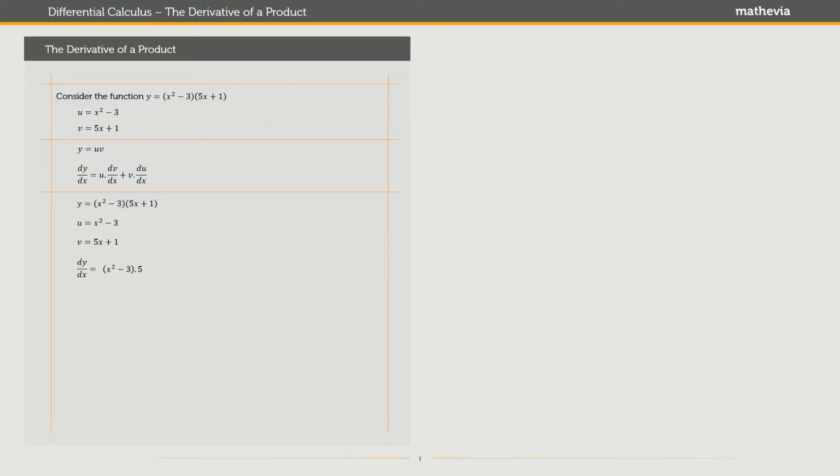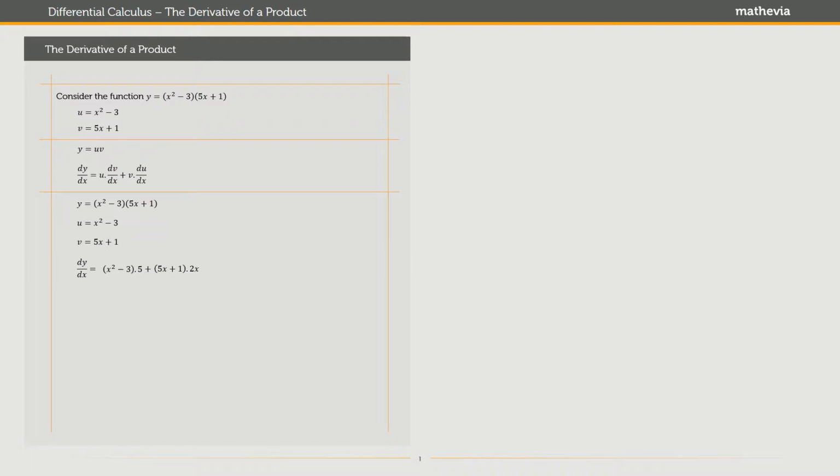And so if we differentiate v, 5x plus 1, we have 5. Okay, so we have x squared minus 3 multiplying 5. x squared minus 3 dot 5. And we're going to add this to keep v constant. So we have 5x plus 1 multiplied by the derivative of u with respect to x. So we differentiate u, which is x squared minus 3. If we differentiate that, we have 2x.